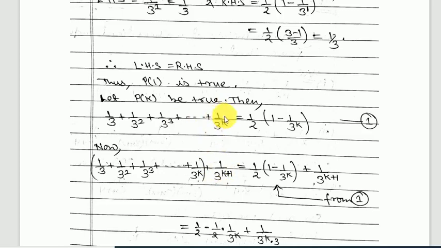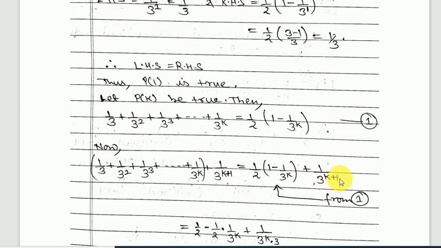Then from equation 1, in place of the bracket I can write 1 by 2 in bracket 1 minus 1 upon 3 to the power k, plus 1 by 3 to the power k plus 1.